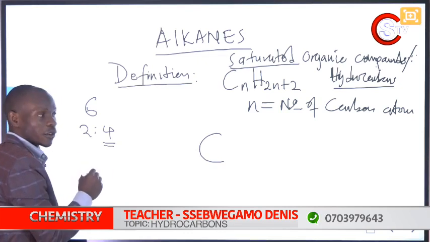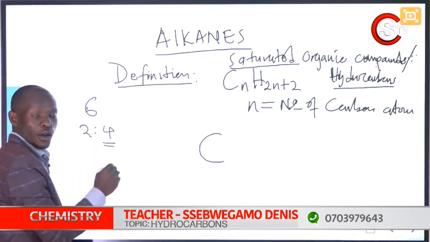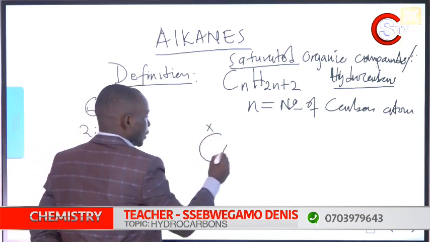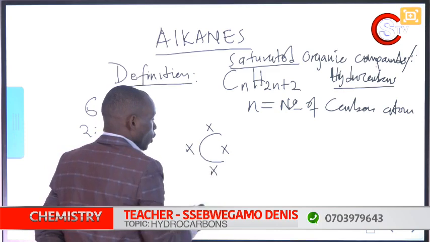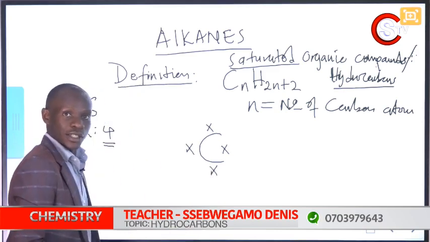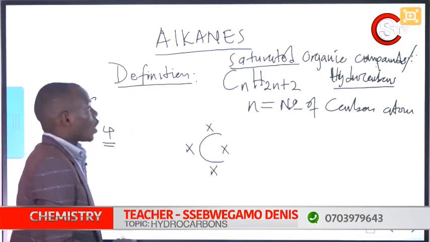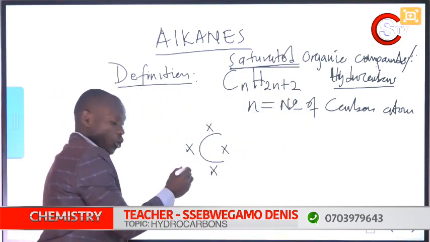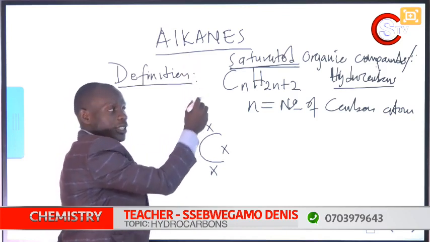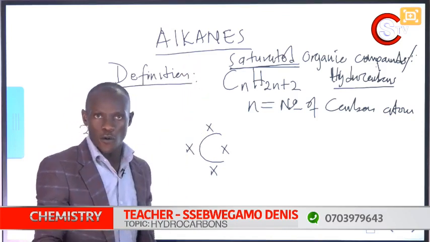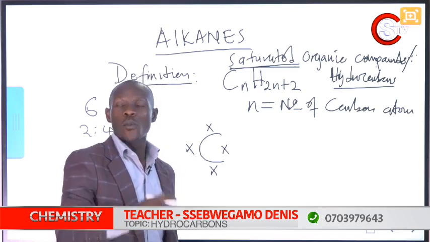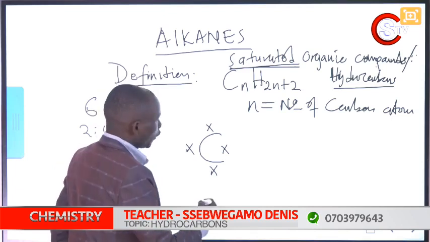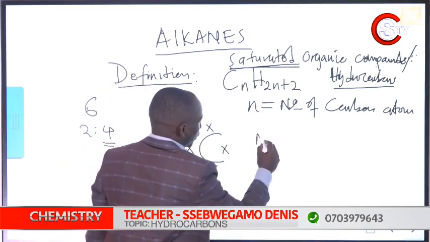The outermost shell of carbon has 4 electrons, and these 4 electrons are ready and available to be contributed or shared during bonding. So by saying saturated, we simply mean the carbon atom in alkanes uses all the 4 valence electrons to bond with other atoms. For example, let me give an example of methane.